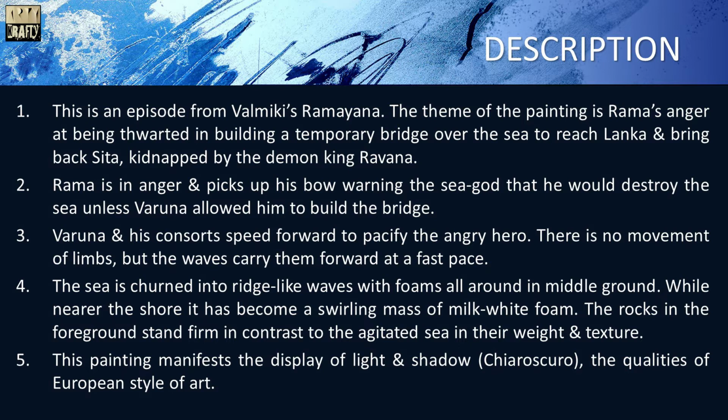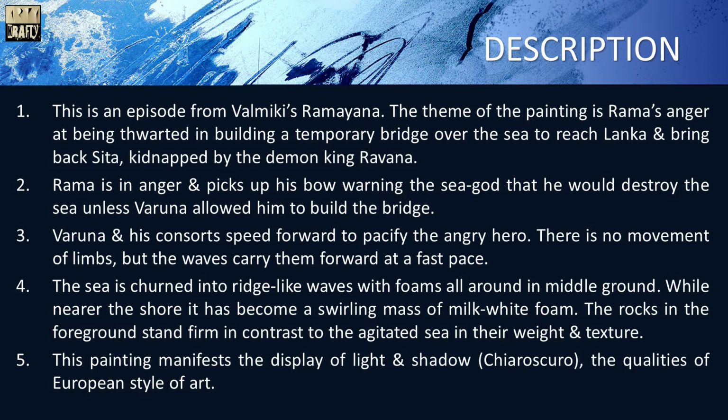The sea is churned into ridge-like waves with foams all around in the middle ground, while nearer the shore it has become a swirling mass of milk-white foam. The rocks in the foreground stand firm in contrast to the agitated sea in their weight and texture.